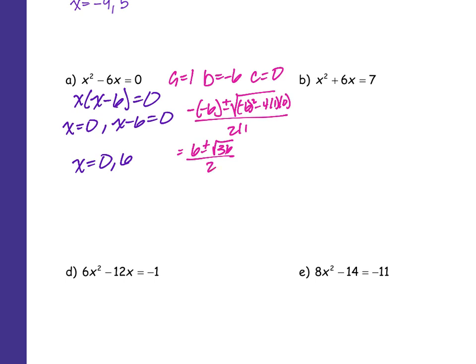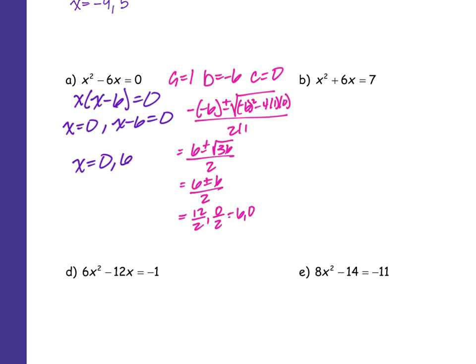So that's 6 plus or minus 6 divided by 2. So 12 divided by 2 and 0 divided by 2 is 6 and 0. Okay? There's a minus sign in there, so.